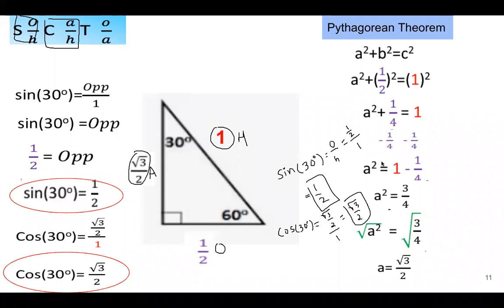Like I said, you will not be asked to do this on your homework. This is geometry. We're more concerned about the patterns that we're seeing come up here and how it relates to the unit circle. So don't worry, but you do want to understand where it's coming from. Just a little basic understanding of where these numbers, like 1/2 and square root of 3 over 2, are coming from. That's all we want to know.